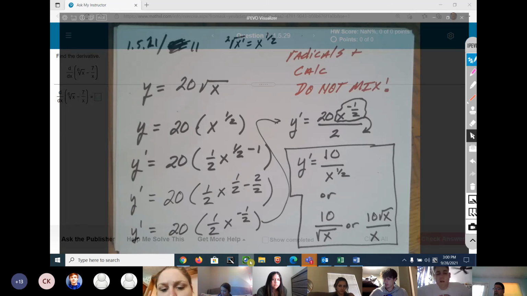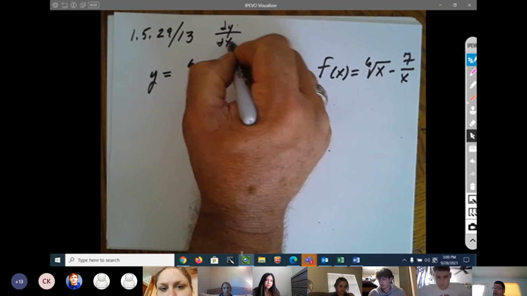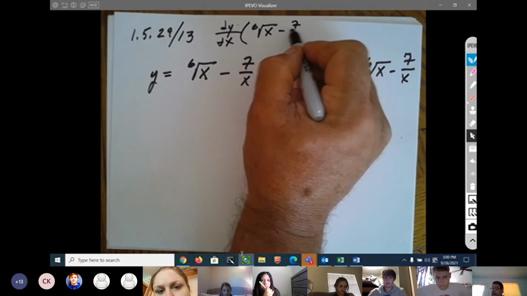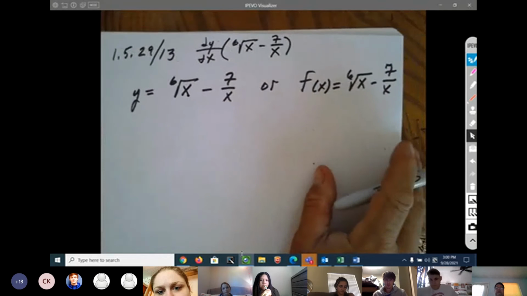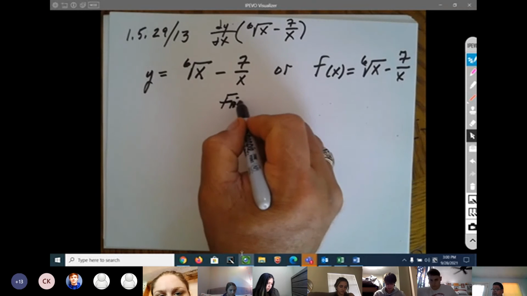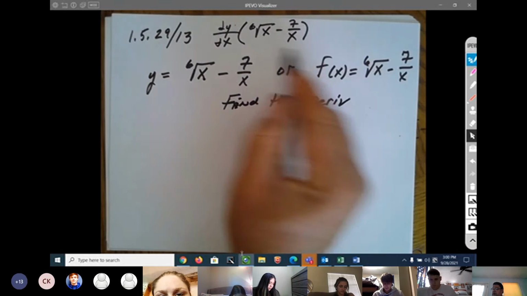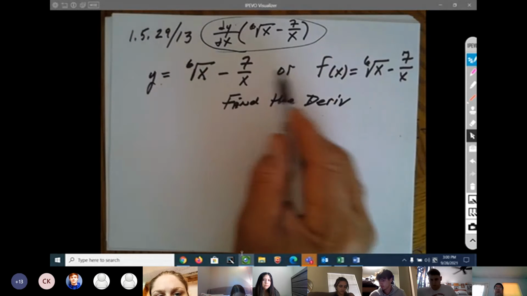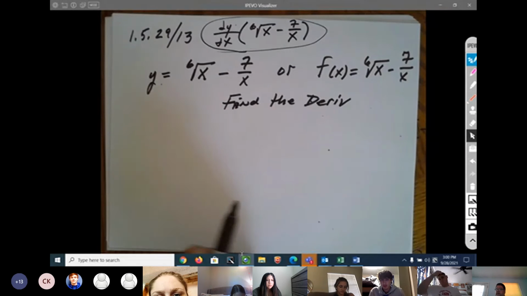Because dy dx of a term, 6th root of x minus 7 over x, is the same thing as writing this and then saying take the derivative or find the derivative. So you can either write it like this as they're writing it, or you can say y is equal or f of x is equal and then say find the derivative. They both mean the same thing.